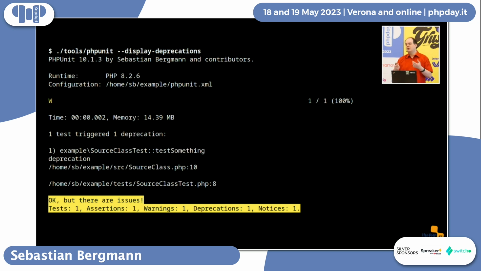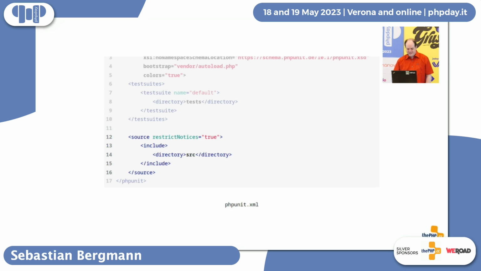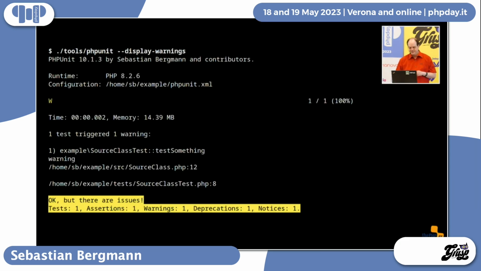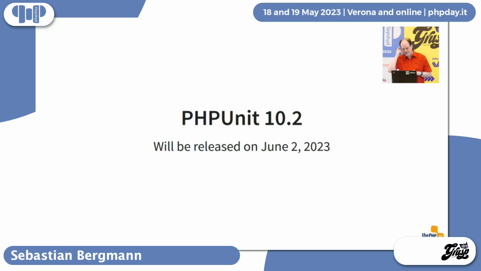And this now allows developers to focus on what they can address. And again, history repeating, for a couple of weeks, I was fairly confident that this would be good enough, but it wasn't. Yeah, it also works for notices, and it also works for warnings. Okay, that was to be expected.